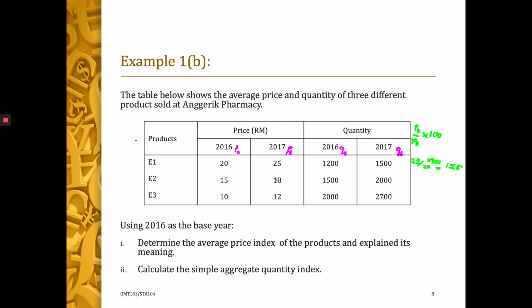For the next one, 18 divided by 15 times 100, you will get 120. And the last one will be 12 divided by 10, and you will get 120.